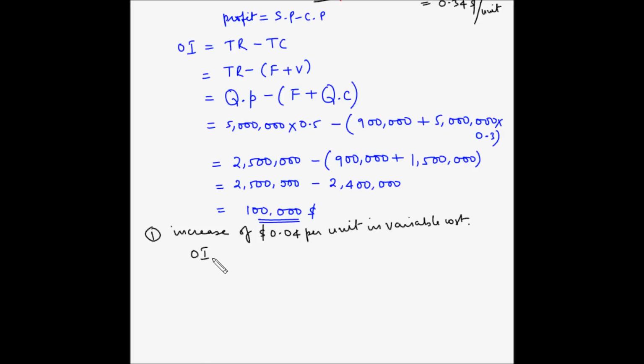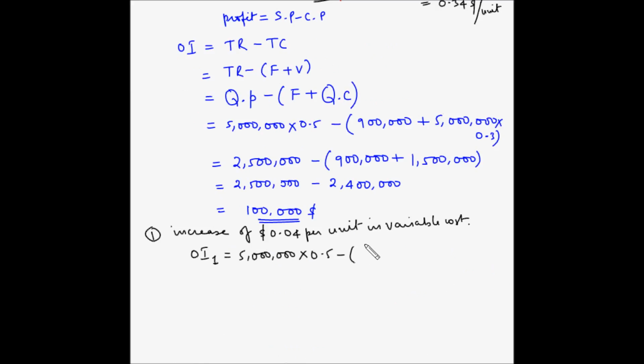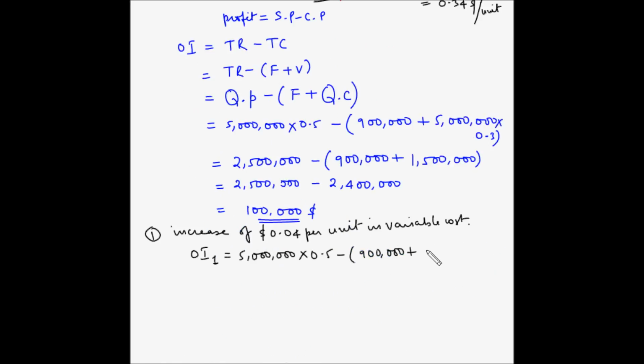So let's say operating income 1 is equal to, now again the same formula, so Q is the same, which is 5 million multiplied by small p, which is the selling price, which is still the same, 0.5, minus the fixed cost also is same, so 900,000 plus the variable cost is 5 million multiplied by 0.34.